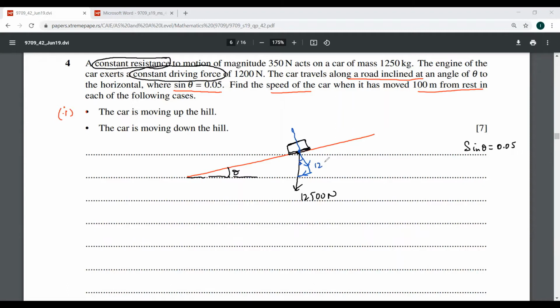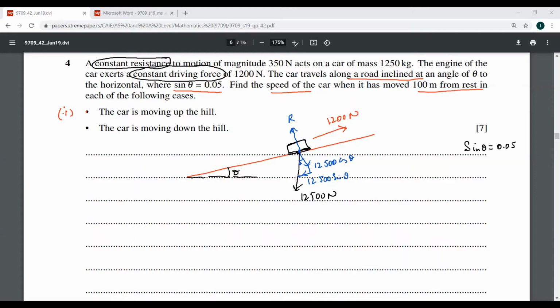This is going to be 12,500 cos theta, and this is 12,500 sine theta, and here is your R. Now it says the car is moving up the hill, so I'll have my driving force up here, which is 1200 newtons.